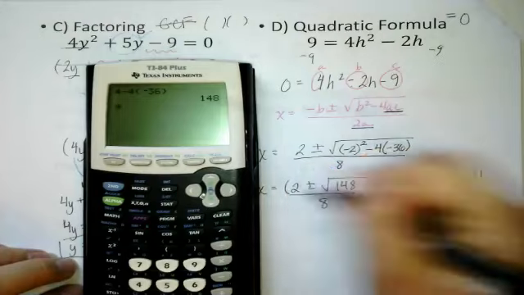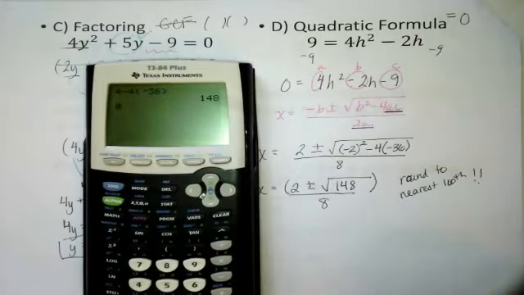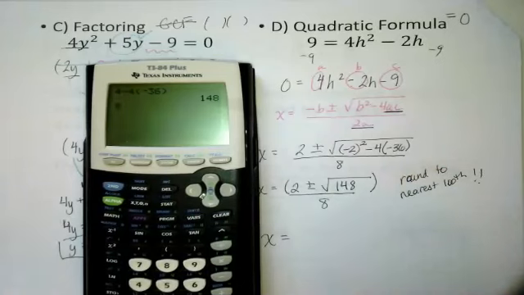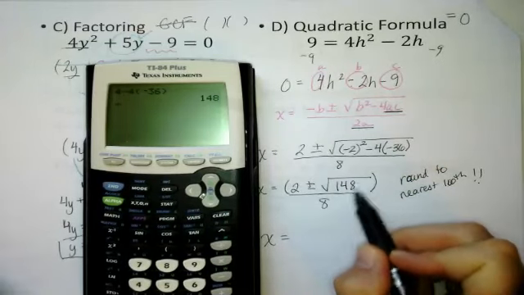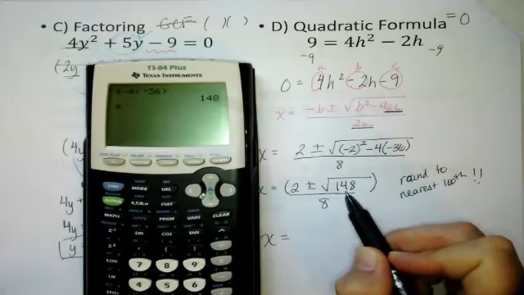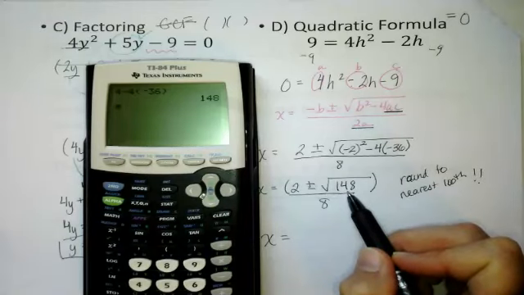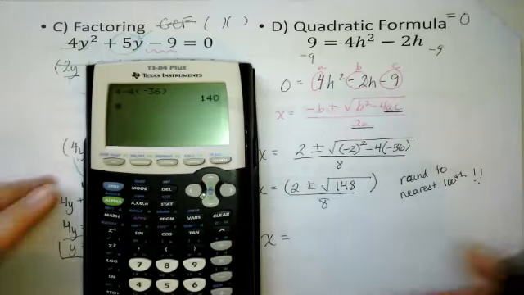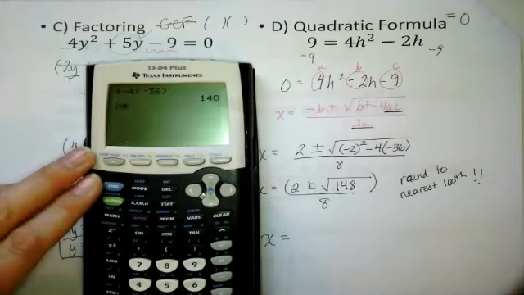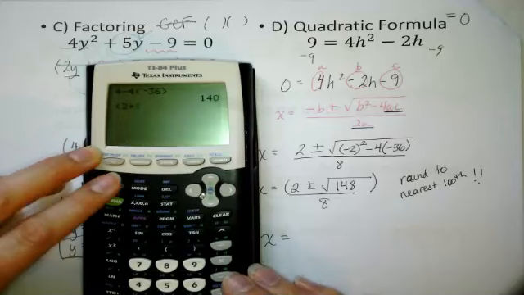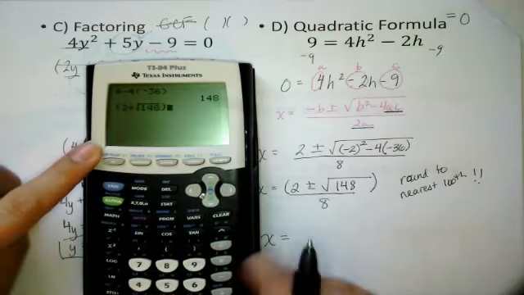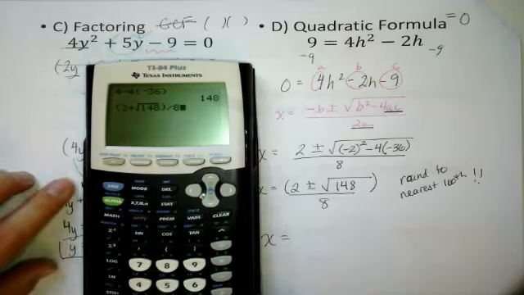I would say make sure you put the whole entire numerator in parentheses. And remember, there are 2 answers. You also don't necessarily have to simplify this radical. 148 definitely has some pairs you can take out to simplify the radical. I'm going to go ahead and just type it in so I can get my answer rounded to the nearest hundredth. So 2 plus the square root of 148. Now all of that is in the numerator divided by 8.